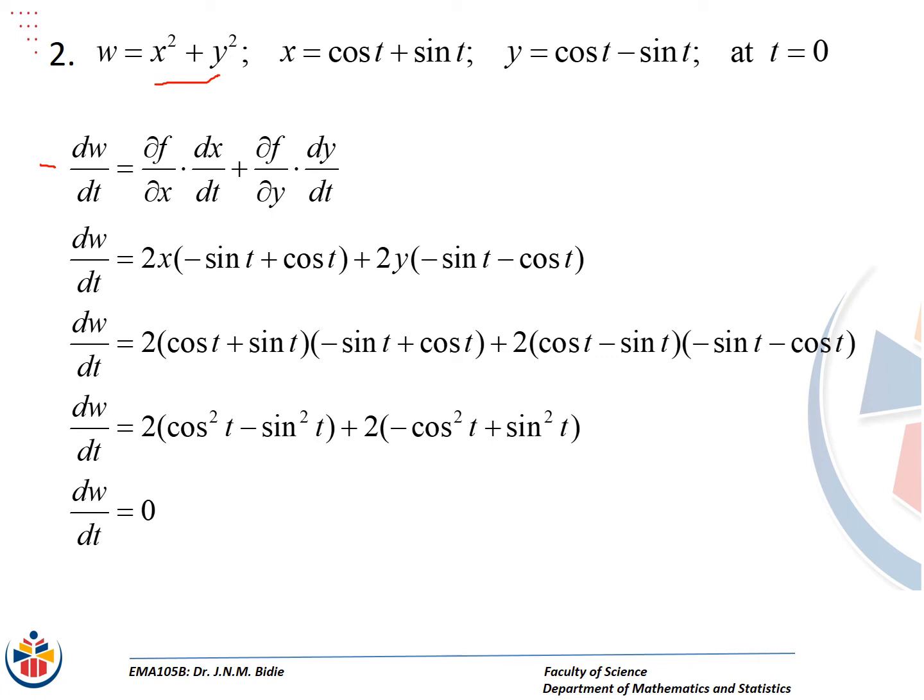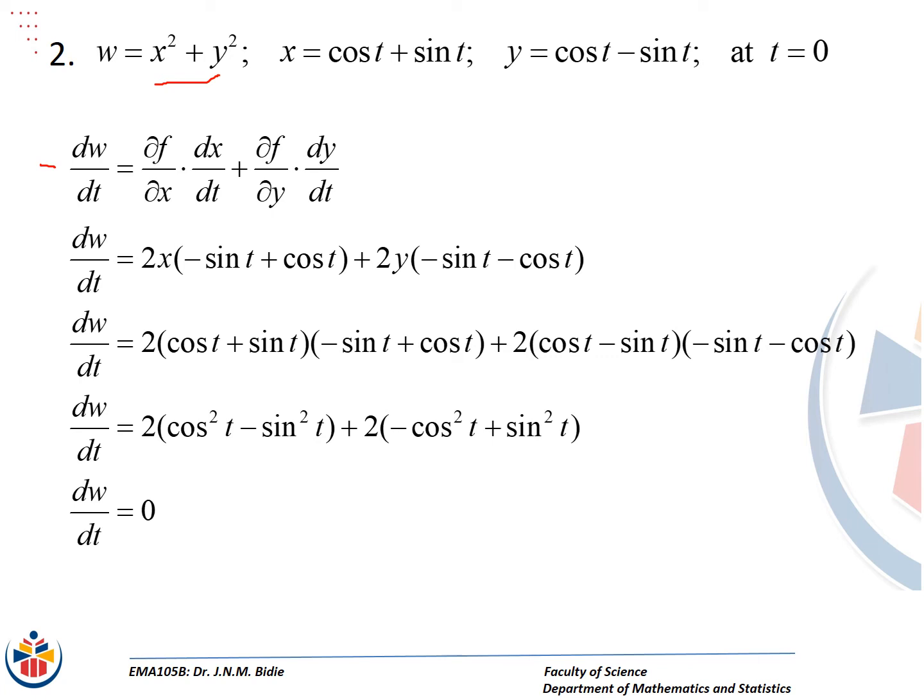Second term, derivative of f with respect to y, we're holding x a constant, so that gives us 2y, into the derivative of y with respect to t. Derivative of cos t is minus sine t, and the derivative of minus sine t is minus cos t.